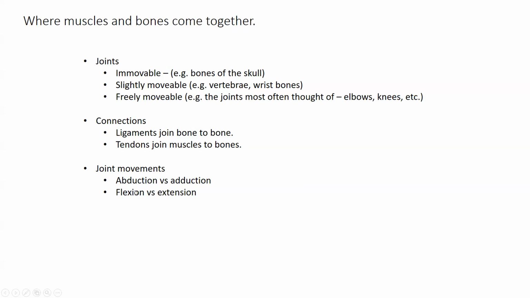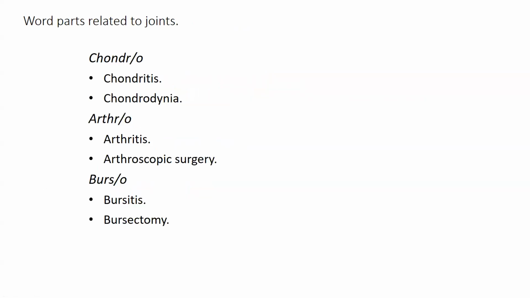So if you bend your elbow, you're flexing that joint, because you're decreasing the angle between the ulna and radius and the humerus. When you extend that joint and you put your arm out, then you're increasing the angle between those bones, and so you're extending it. Hopefully you covered those in chapter 2.